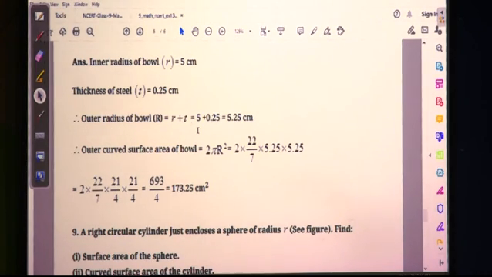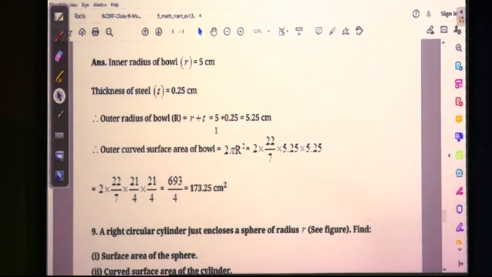We are calculating first the outer radius of the bowl, that is r plus t, and it is 5.25 centimeter.